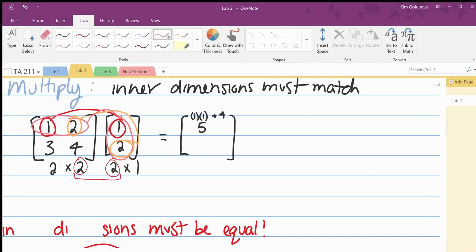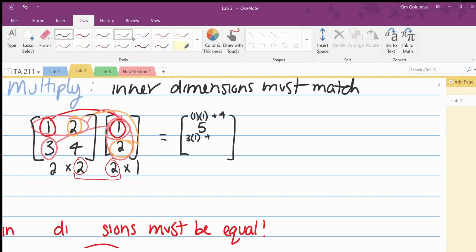And same thing for the second row. We're taking the first entry in the second row and multiplying it by the first entry in the column. And so we have 3 times 1.